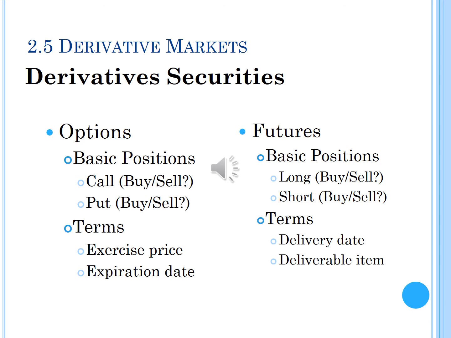Terms in the futures contract that you would need to understand are the delivery date, which is the date of the contract maturity, and the deliverable item, which is the underlying asset that the futures contract actually covers.